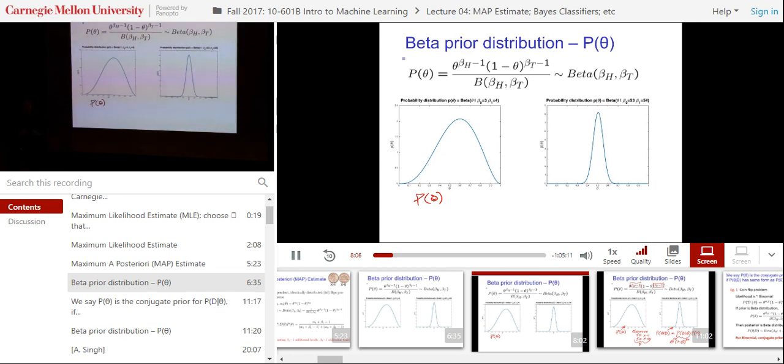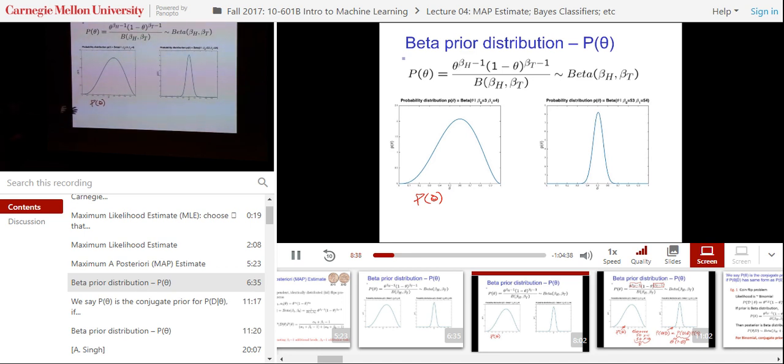So it's as though I'm hallucinating in this prior that I'm synthesizing 2 flips, 3 minus 1, for which it's tails, and 4 minus 1, for which it's heads. And then this is the prior probability distribution over theta, defined by that beta distribution.